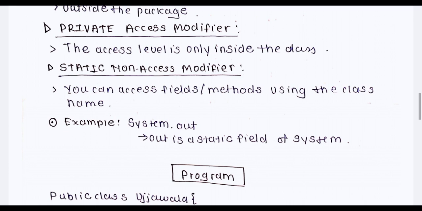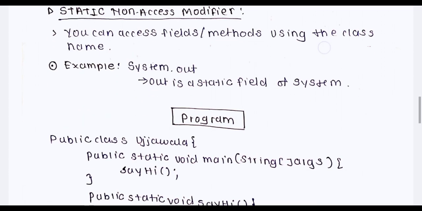Concentrate guys here, out is a static field of System. Every time we write System.out.println to print something. So out is a static field of System which cannot change.